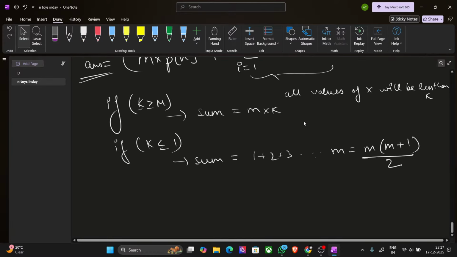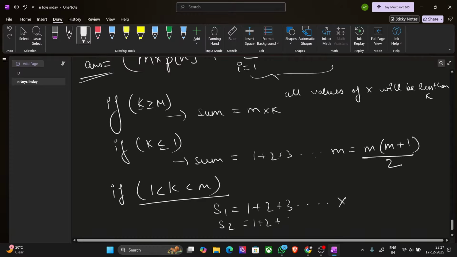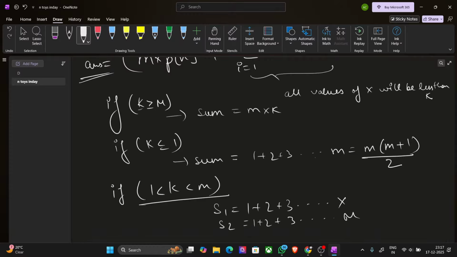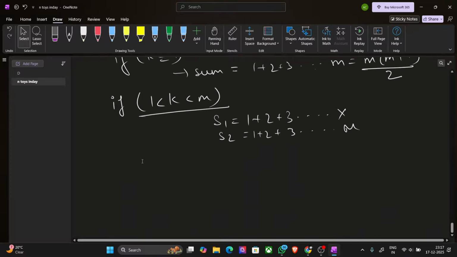Now if k is in the range of 1 to m, sorry, not equal to, k is in the range of 1 to m, then what will be the formula? Then the formula will turn out to be, let's take s1 as the summation of all the elements up to x, and s2 as the summation of all the elements up to m, correct?